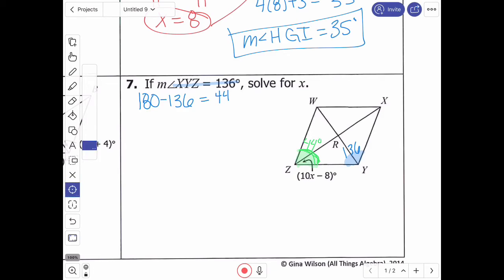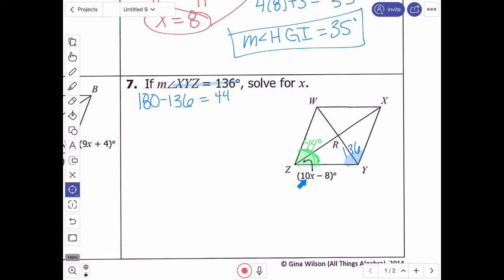Now what happens is this diagonal is bisecting this entire green angle into two equal parts. So if I take 44 and divide it by 2, this would be 22 degrees and this angle right here is 22 degrees. So since I'm solving for x, I already know what this angle measure is.